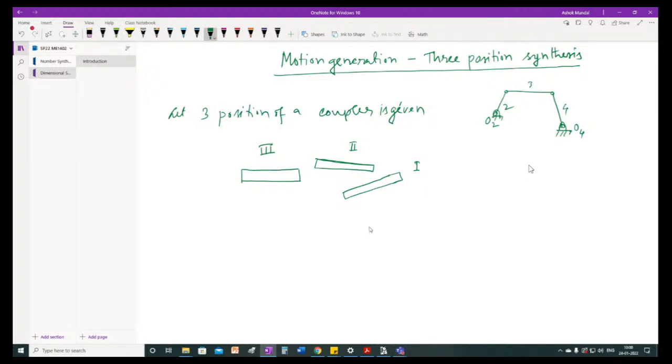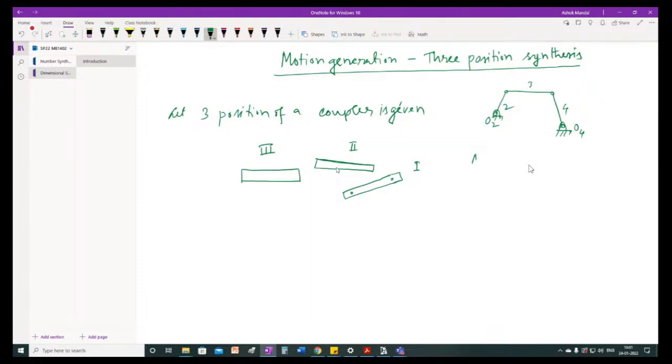In this problem, suppose points A and B are given to you. Then you have to find out O2.